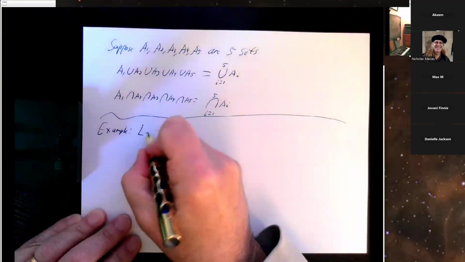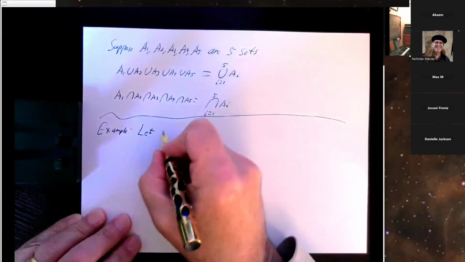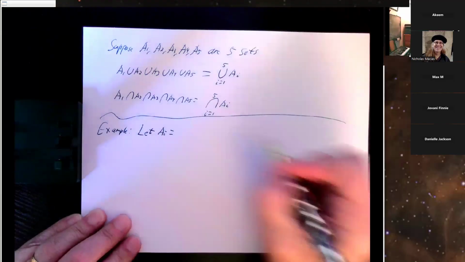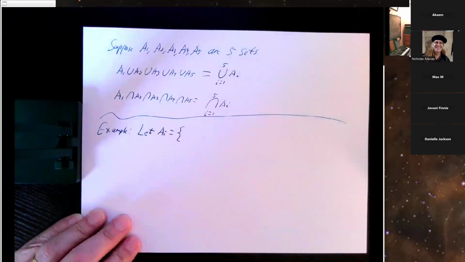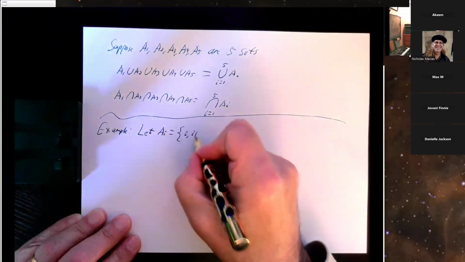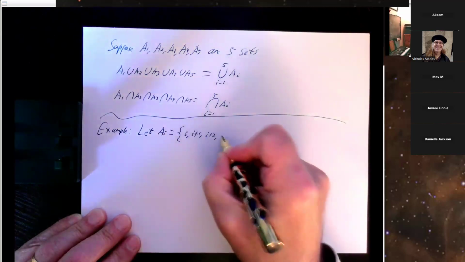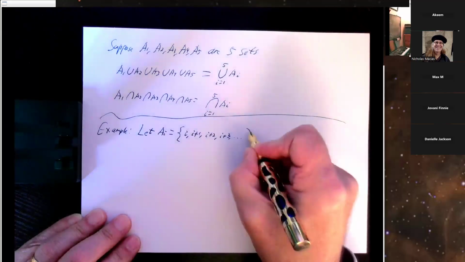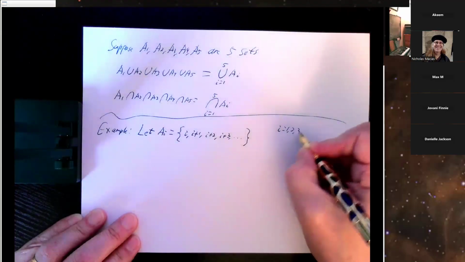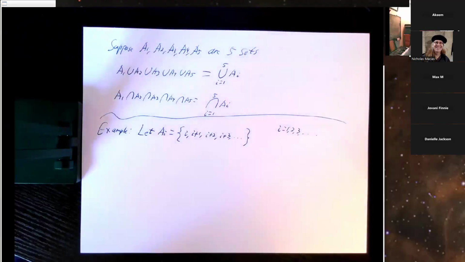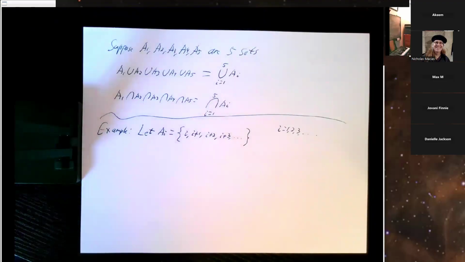I'm going to define a family or a collection of sets A subscript i to be the set of integers starting from i and going up forever, where i is a positive integer. So that's my definition of each set, A1, A2, A3, and so on.